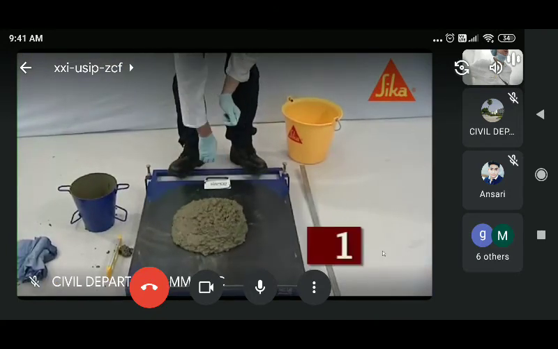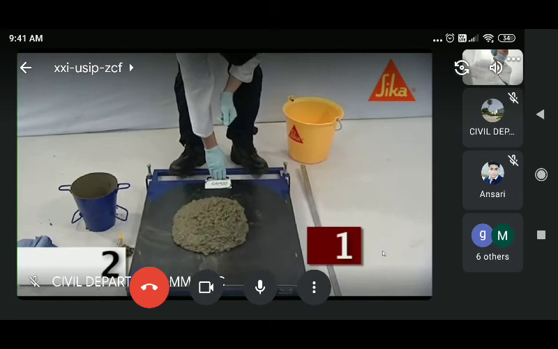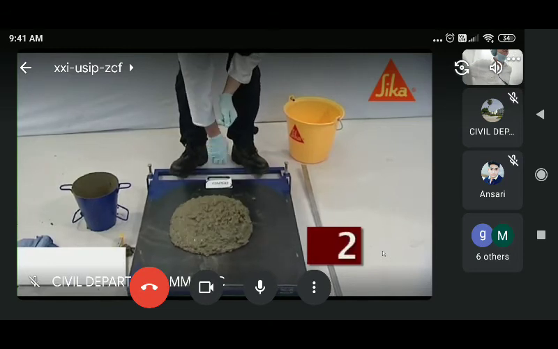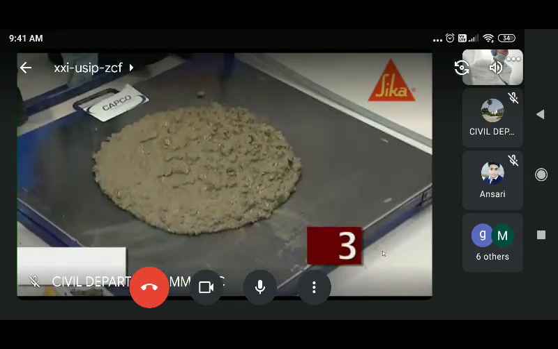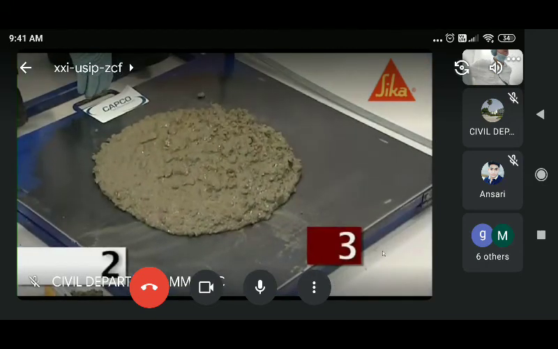Now we will provide the jolting after every 5 seconds, and 15 jolts will be provided so that the flow will occur.